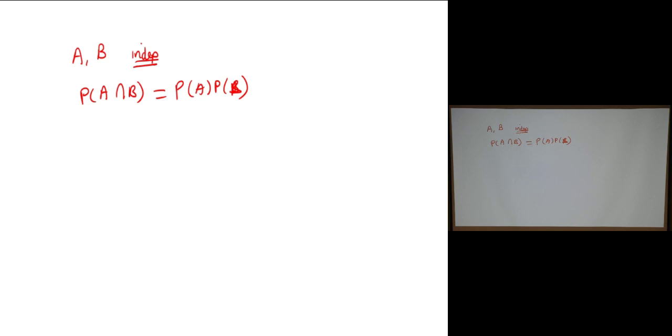If they are independent, then this is true. But if we have no knowledge whether these two events are independent or not, then how do we get the probability of A intersect B?